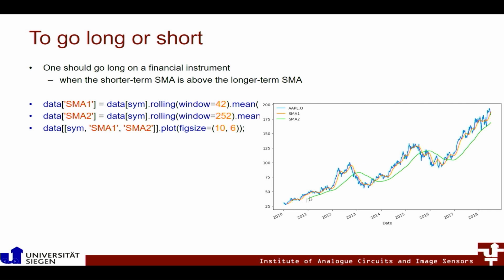If you look at my orange line, it is following the blue line here, which is not surprising because we have given a shorter window for it to look in the past. Now my long-term average behaves differently at different points of time. Sometimes it's lower than the short-term average, sometimes it's higher than the short-term average.